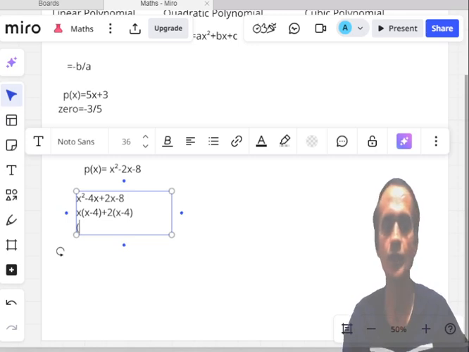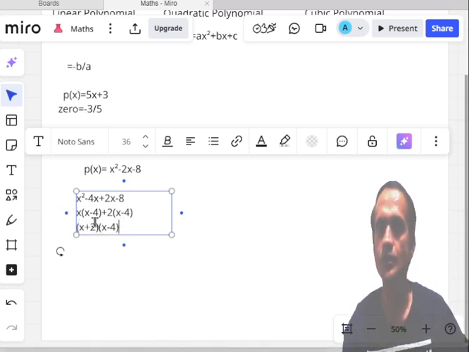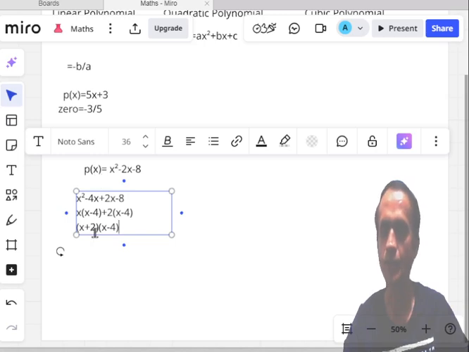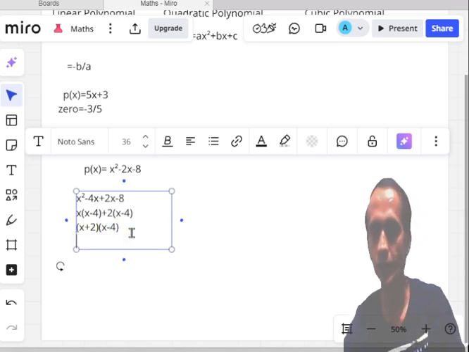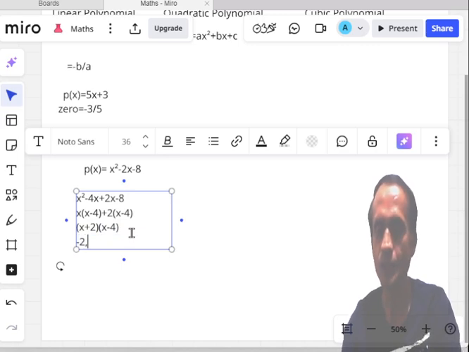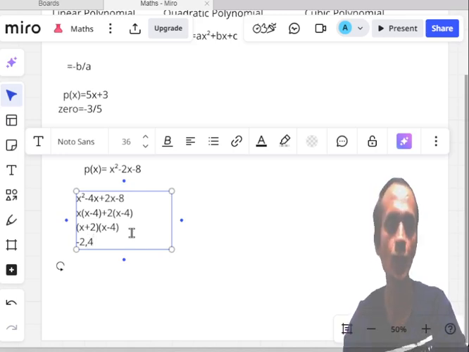So the zero of the polynomial, that means the value of p(x) will be 0 if x is equal to minus 2. So this term becomes 0, then the whole value will become 0. Or x is equal to 4, then this term will become 0, so the whole value will become 0. So we have found that minus 2 and 4 are the two zeros of this polynomial.